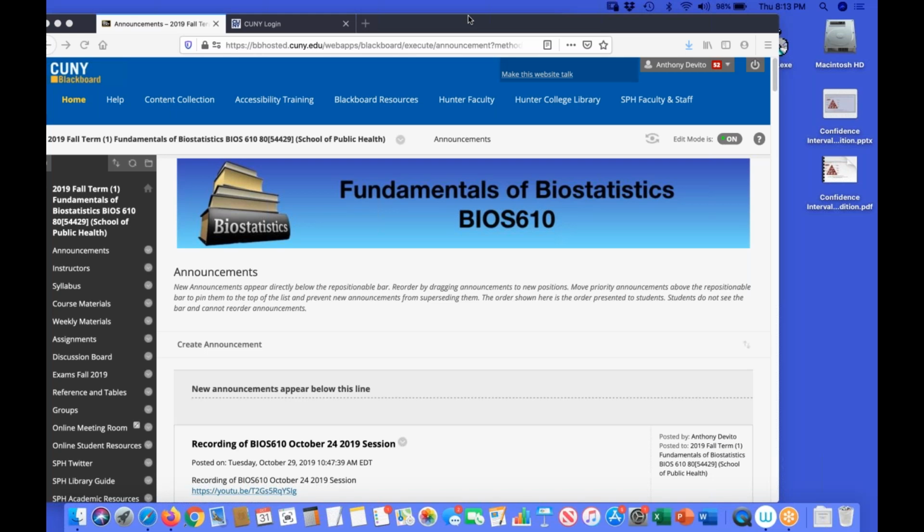Fortunately, we don't need 8 million tables, because all we're really interested in is what the value of T, which we're using in place of Z because we don't know the population standard deviation, has to be for any particular sample size for 95% certainty, for 99% certainty, or say for 90% certainty, but certainly for 95. So we don't need all those other numbers in most cases. We just need to know, for our particular sample size, what should we use instead of 1.96 for calculating a 95% confidence interval, right?